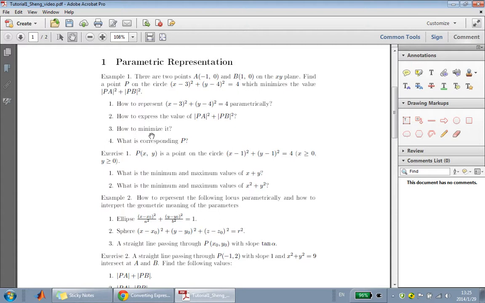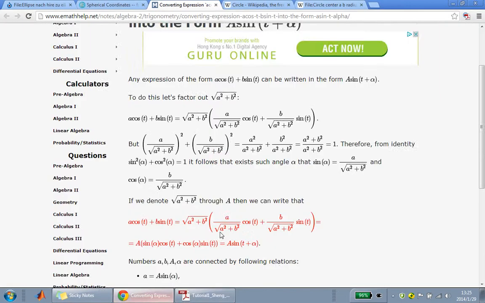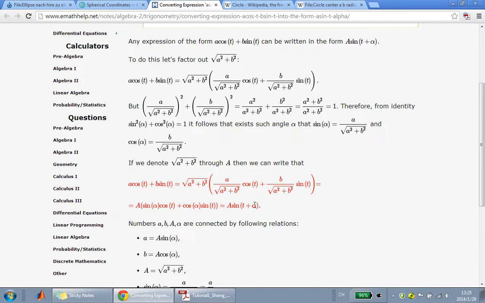After finding the minimum value of square root of a squared plus b squared, the last part is to find the corresponding point p. As I mentioned, the tangent alpha equals a over b.